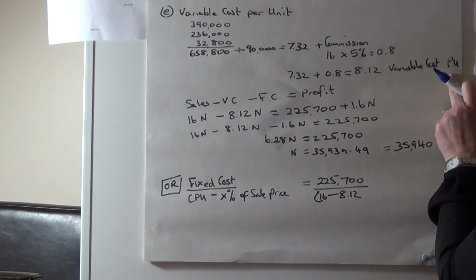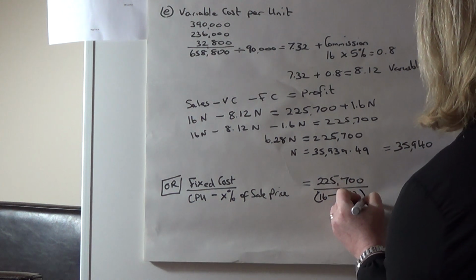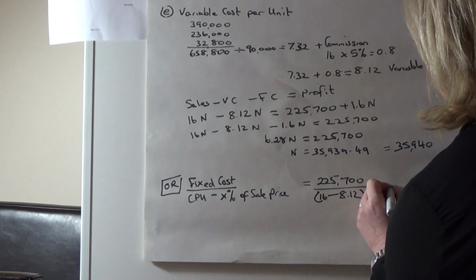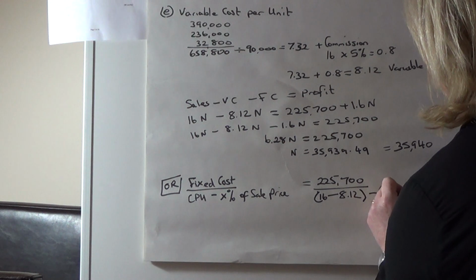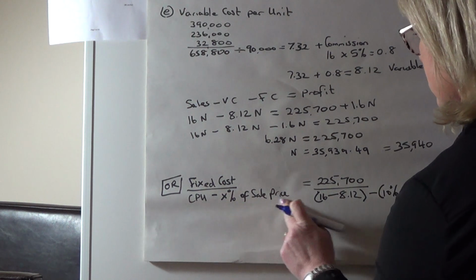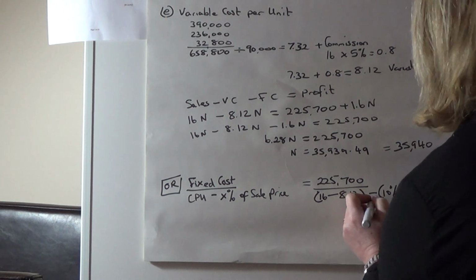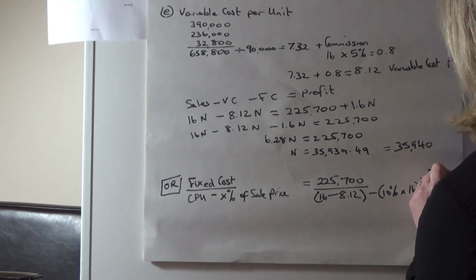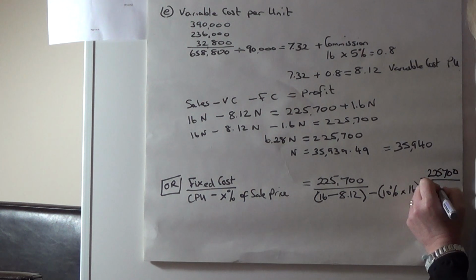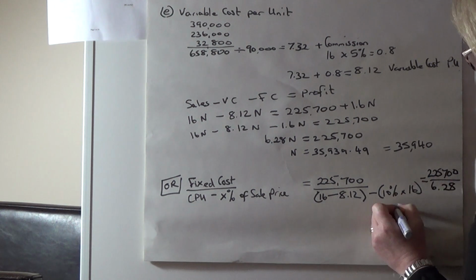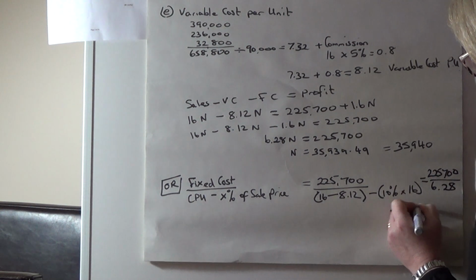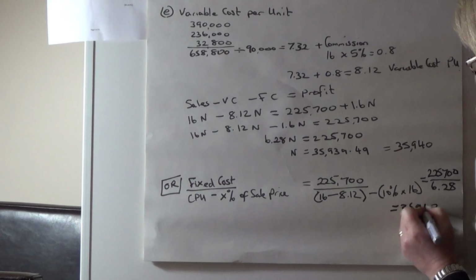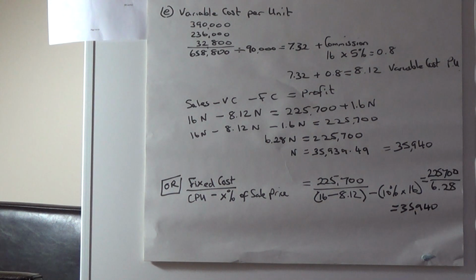So either way, you have to calculate this new variable cost per unit, and that's going to be minus your 10% of 16. Your profit, in other words. So that works out then at 225,700 all over 6.28, and it gives you back the same figure, 35,939.49, which rounds to 35,940. So either way, you get the same figure.